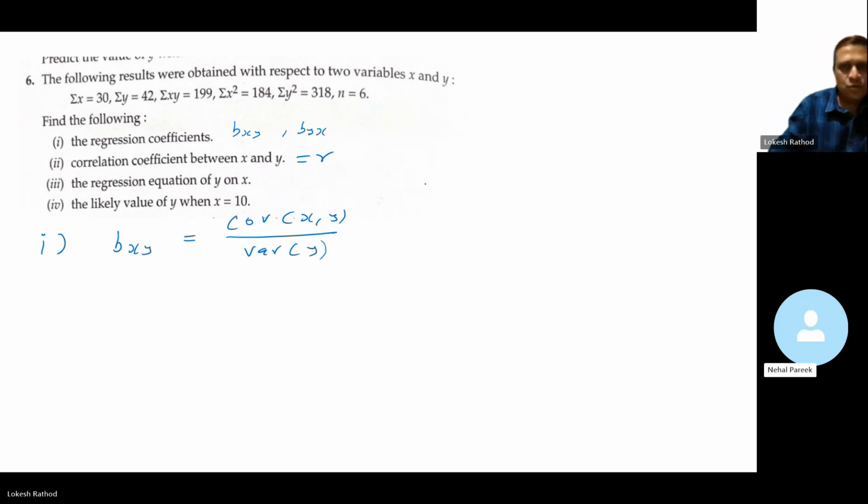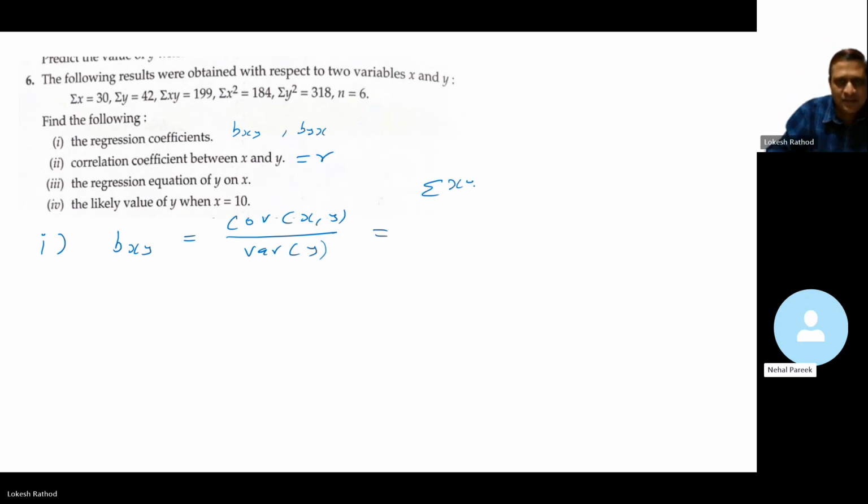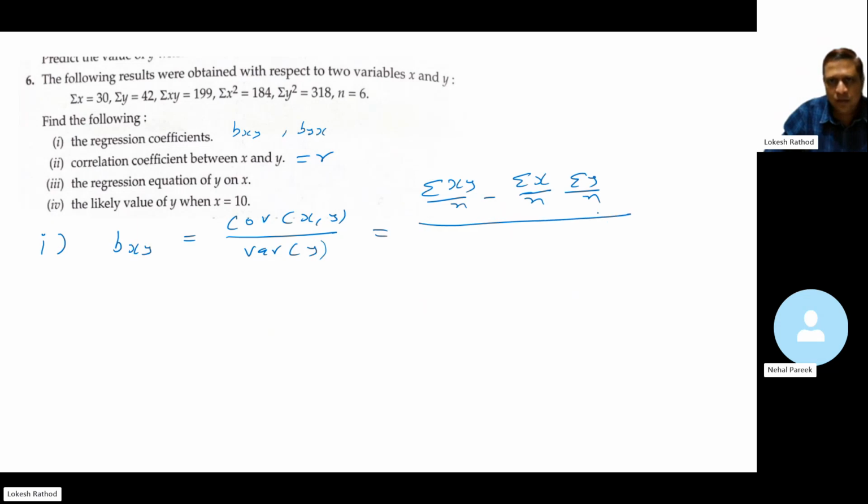Yes. Sigma xy over n minus sigma x over n into sigma y over n. Yes, summation of xy over n minus summation of x over n into summation of y over n is the covariance of xy. Correct. And then the denominator is variance of y.